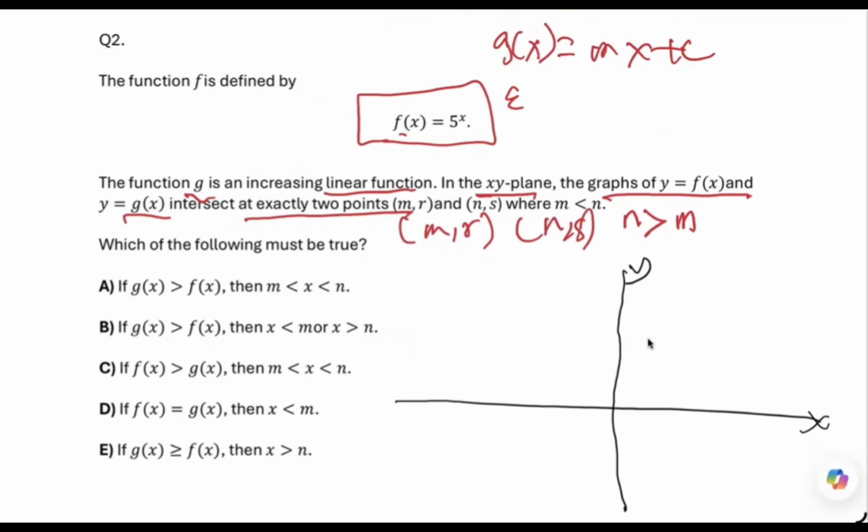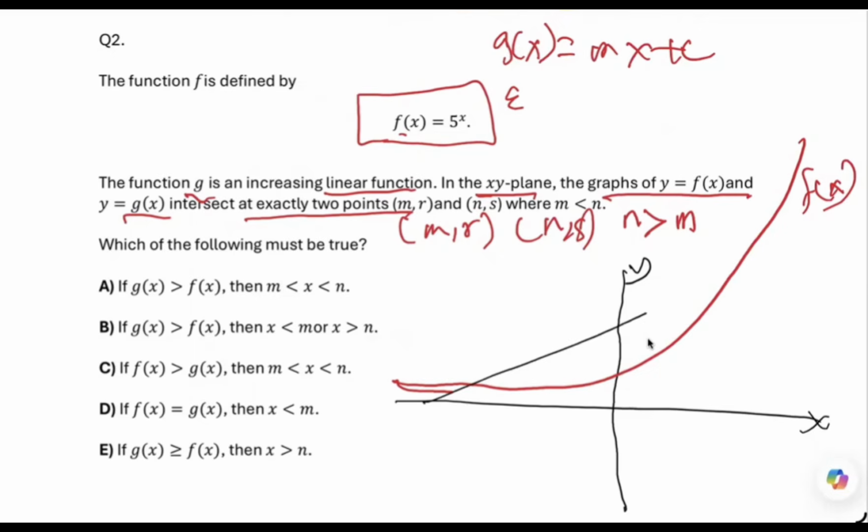They never reach the x-axis. So going up to infinity, something like that. And so this is your f of x. Your g of x is a linear function. If it's a linear function that is increasing, I would draw something like that. So this is our linear function that is increasing in nature like that. So this is our g of x.